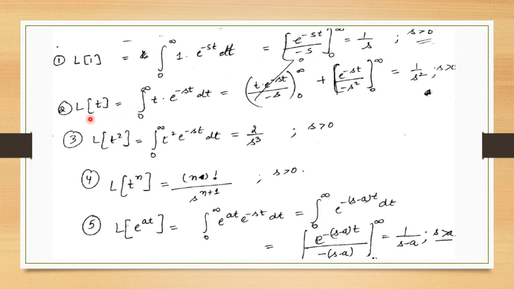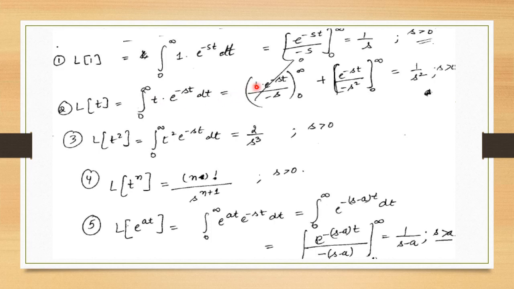Similarly, we can find the Laplace transform of t. Let's suppose our function is t. So substitute the value of f(t) to be t over here and find the value of the integral, right? This is our first function, this is the second function.